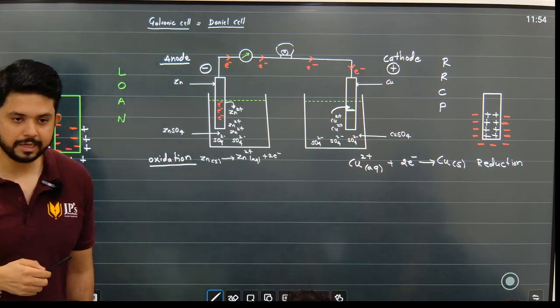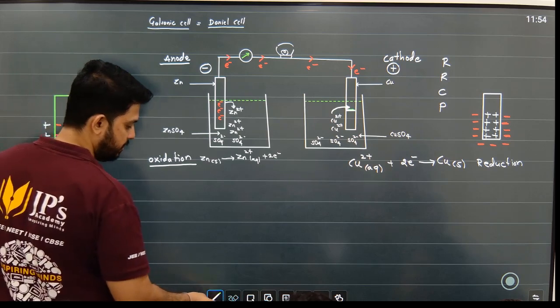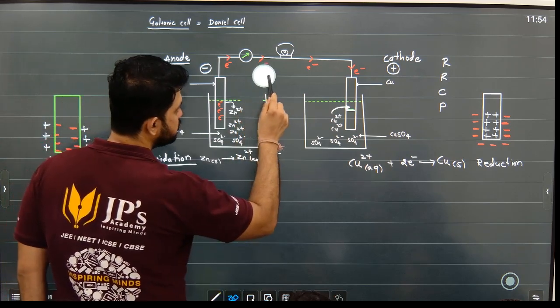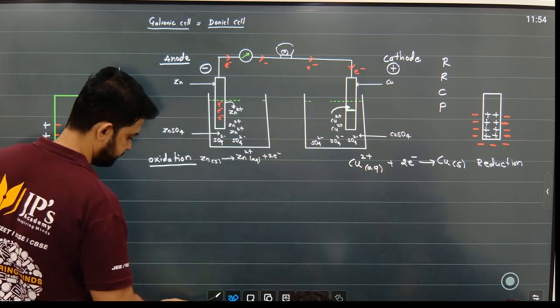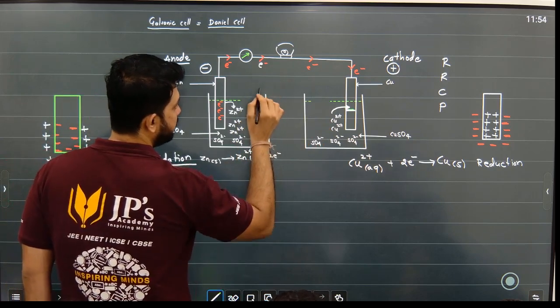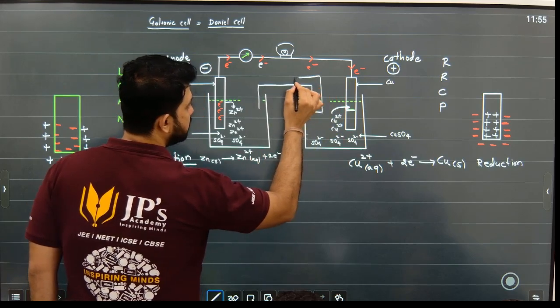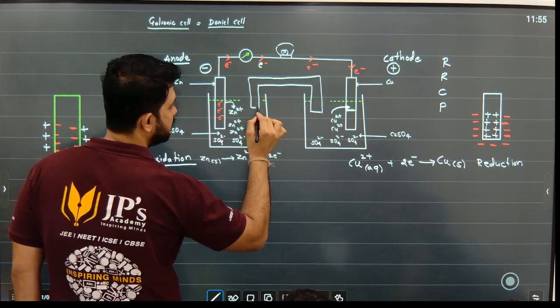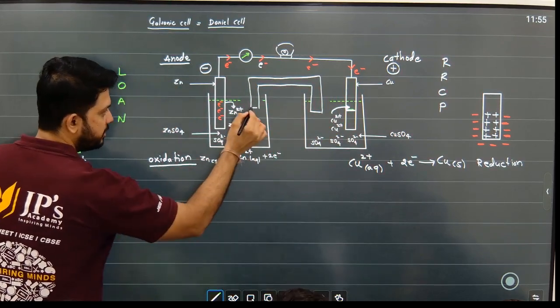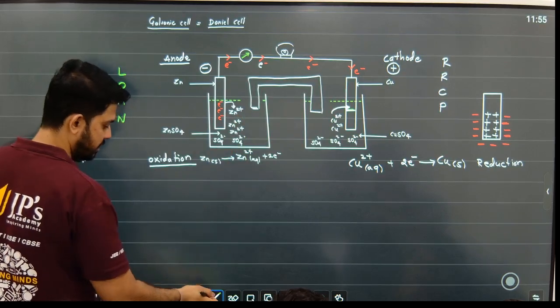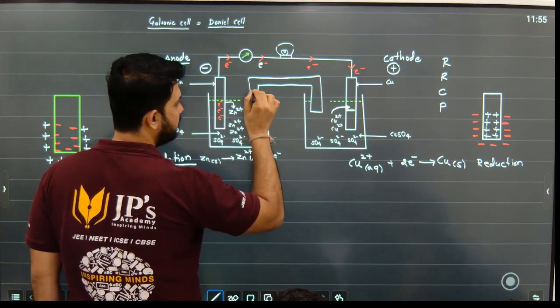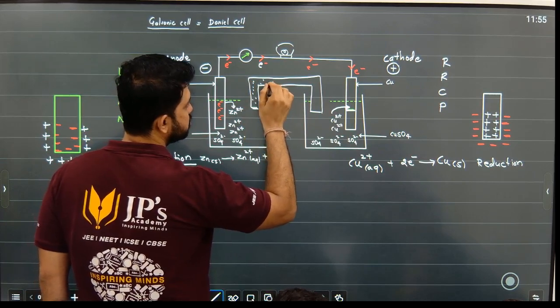Now in order to maintain that balance, what we do is introduce something called a salt bridge. I repeat, we introduce something called a salt bridge. A salt bridge contains a gel and, as the name suggests, salt.